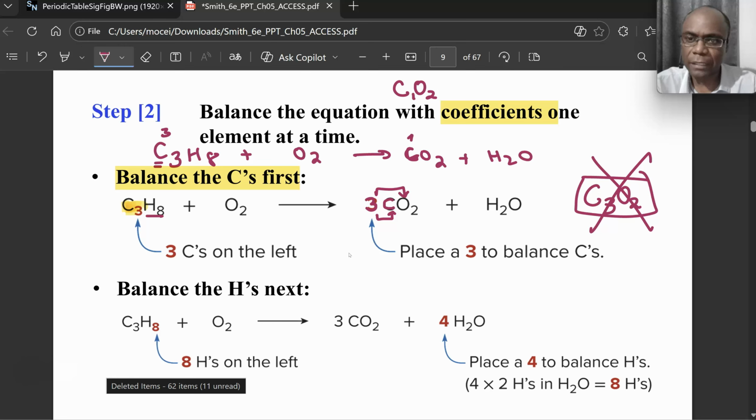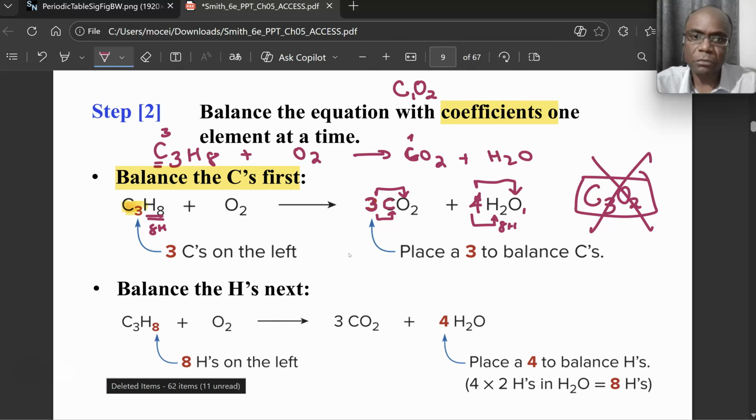Let's now look at the hydrogens. The hydrogens are not balanced: we have 8 hydrogens here, yet we have 2 hydrogens there. What do I do to make these hydrogens 8? I would put 4 there, right? Don't change the 2 and put 8 there. No, put the 4 as a coefficient. Now I have 8 hydrogens, but again the number of oxygens is multiplied by 4.